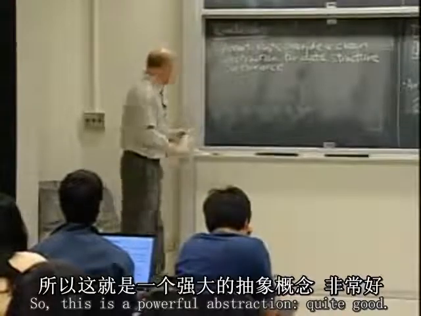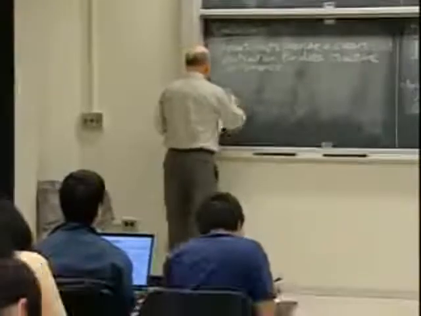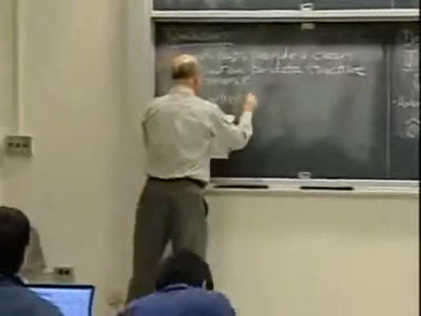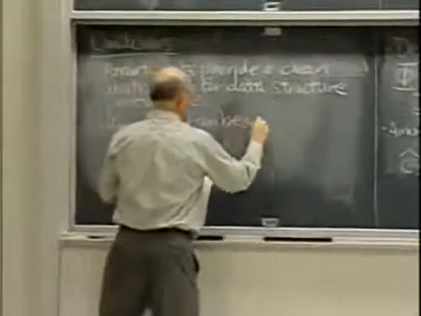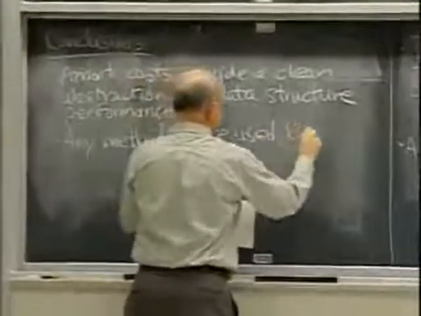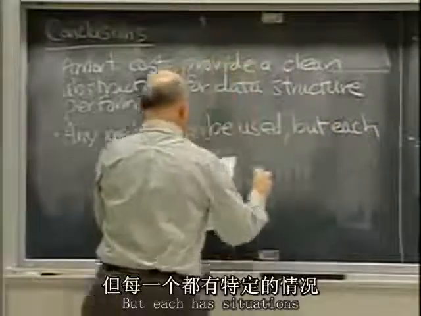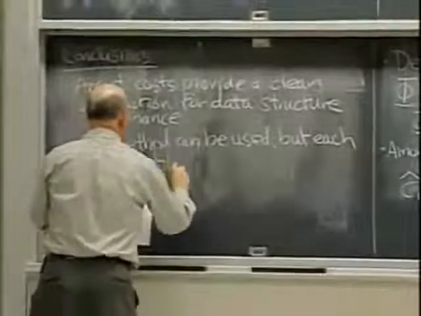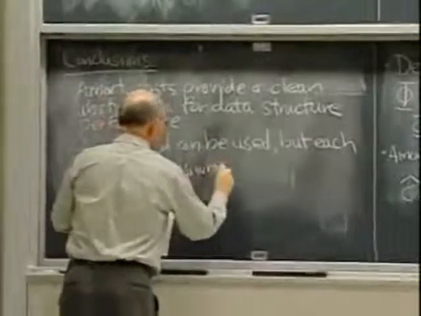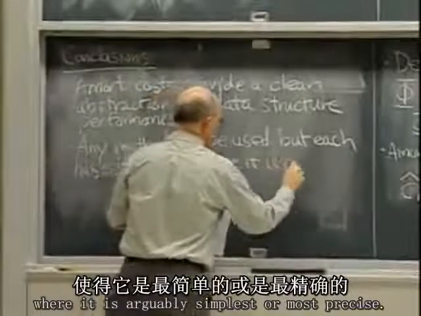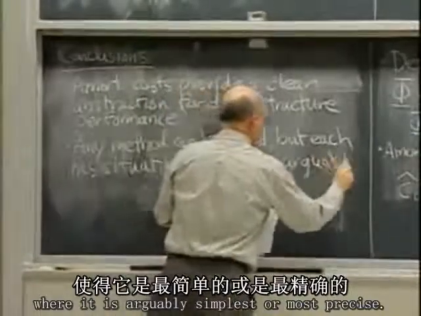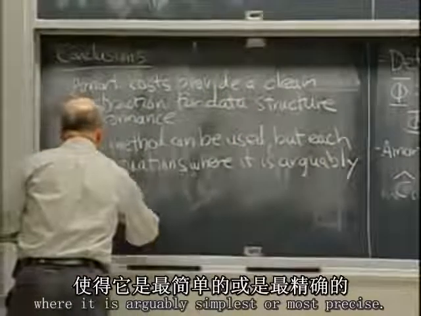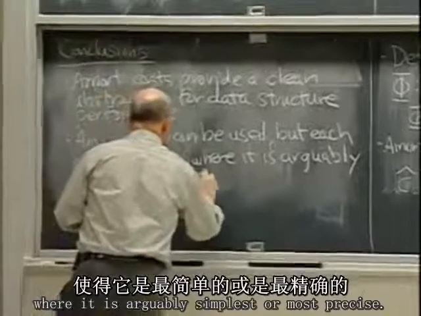Quite good. Now, we learned 3 methods. In general, any method can be used. You can convert one to the other. But each has situations where it is arguably simplest or most precise.